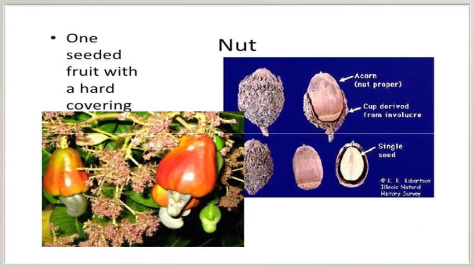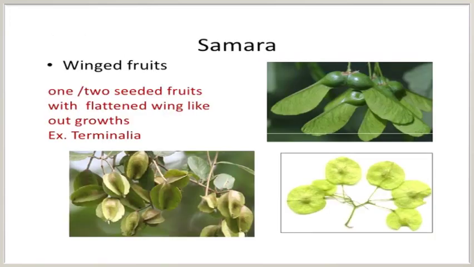The next one is nut. It is simply a seed that is covered by a hard covering. It is referred to as a nut. It is also a type of indehiscent dry fruit or achenial fruit under simple dry fruit. The next one is samara. A one to two seeded fruit with flattened or wing-like outgrowths.